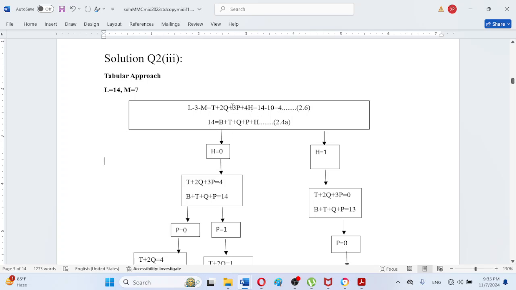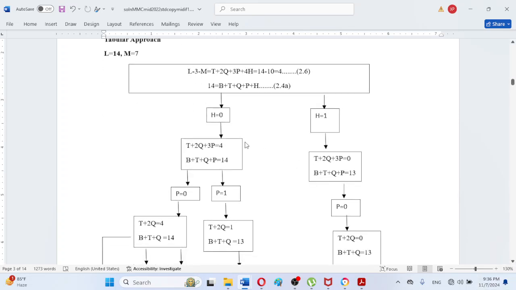As previously explained many times, if we consider the first binary value, for example h is equal to 0, here the tree has been shown for the h equal to 0 case. If h is equal to 0, equations 2.6 and 2.4a will respectively turn into t plus 2q plus 3p is equal to 4, and the lower equation 2.4a will be b plus t plus q plus p is equal to 14.